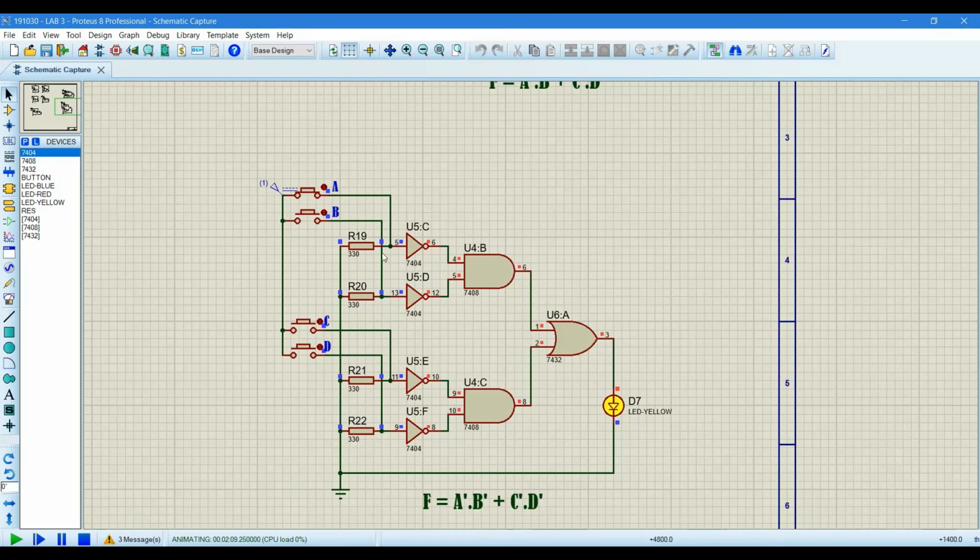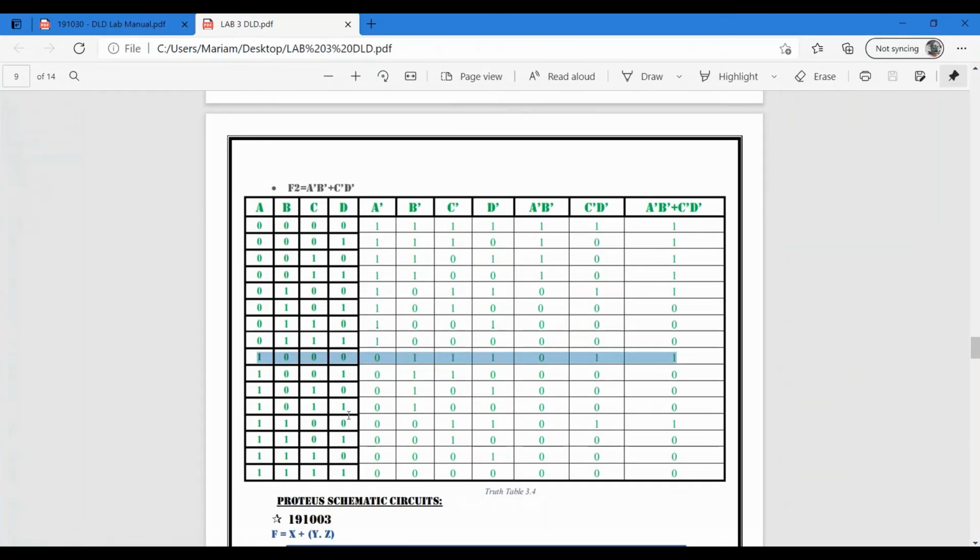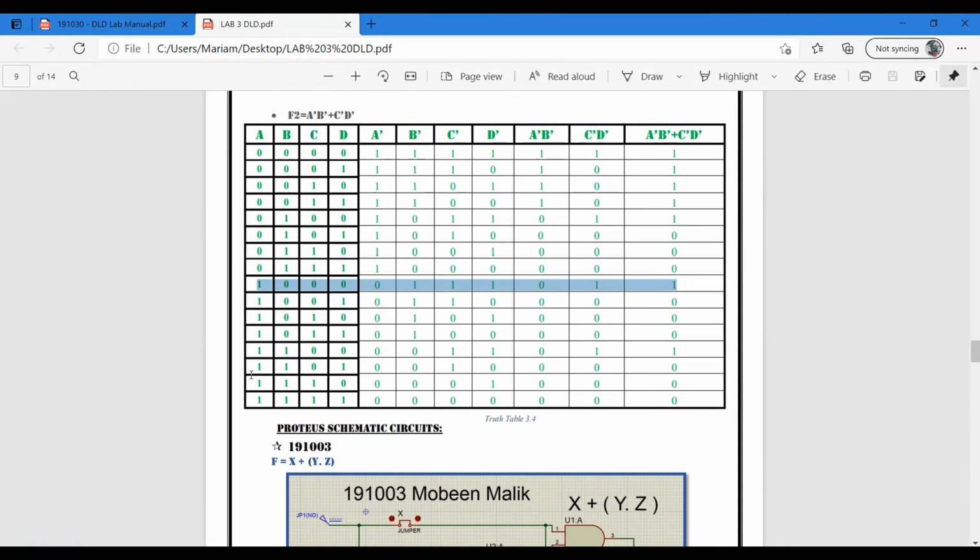You can also say that when it comes into these two AND gates, it is 0 1 1 1, right? Let's take one more combination to show the circuit. 1 1 0 1, and at that the LED is off, that is 0.